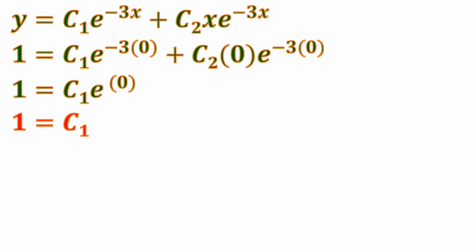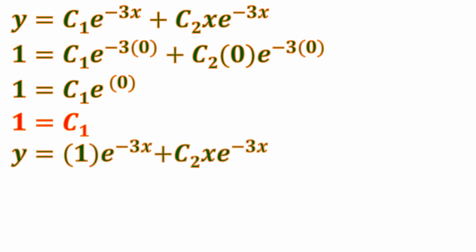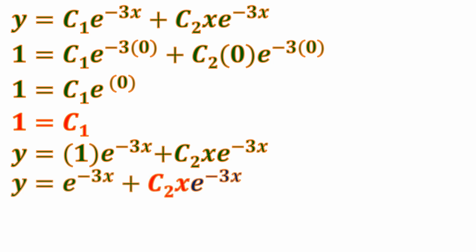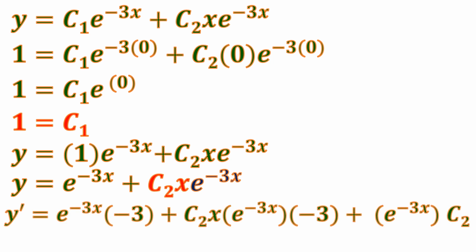Then to find the second constant, we need to find the first derivative of y. So this is the y, where we change the C sub 1 into 1 because it is already solved. And it will become like this. So there's no problem with the first term. Getting the derivative of e negative 3x is just the same. But for the second term, we need to do the product rule, where our u is c sub 2 x and our v is e negative 3x. So let's get the first derivative.